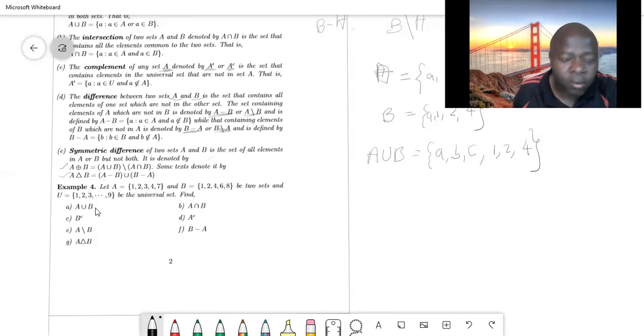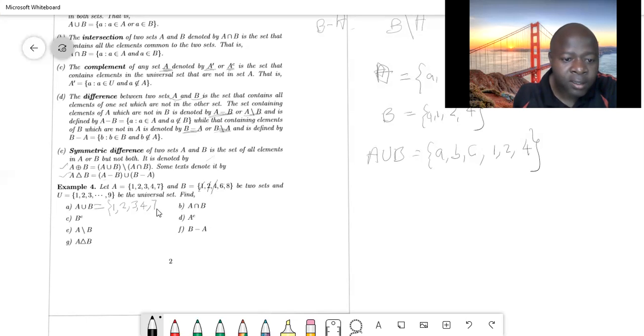We are asked to get the union. Remember that we are listing the elements in A, then the elements in B, and we avoid repetition of elements. So the union will be the set containing, let me list the elements in A: 1, 2, 3, 4, 7.